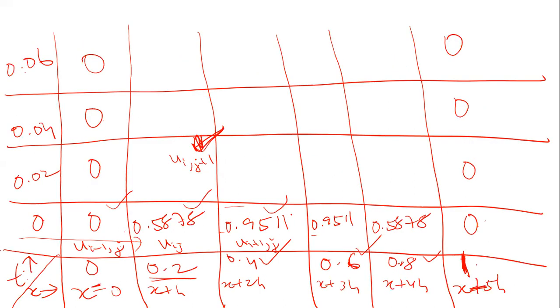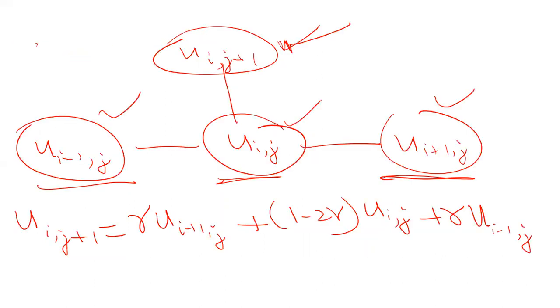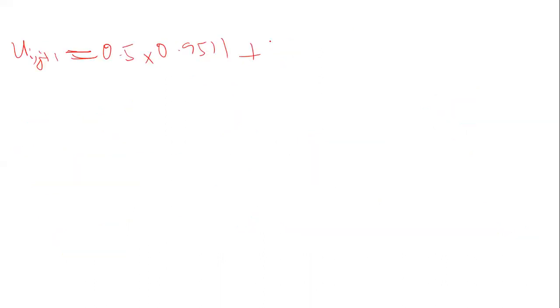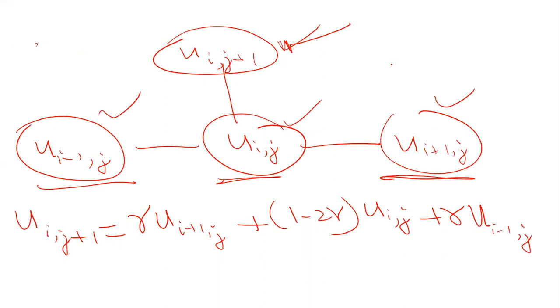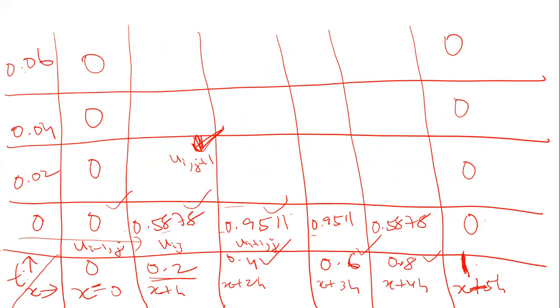This will be 0.9511. 0.9511, plus 1 minus 2 times gamma 0.5, into uij. Your uij in this case will be 0.5878.